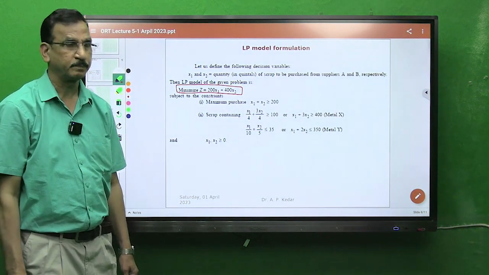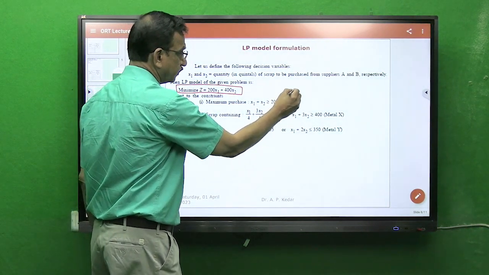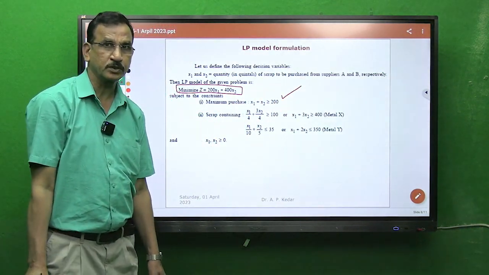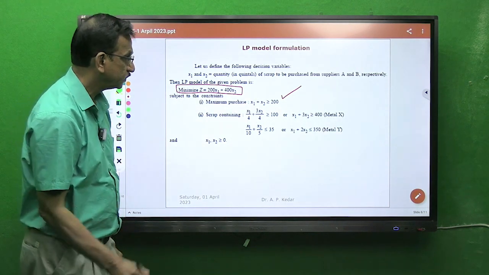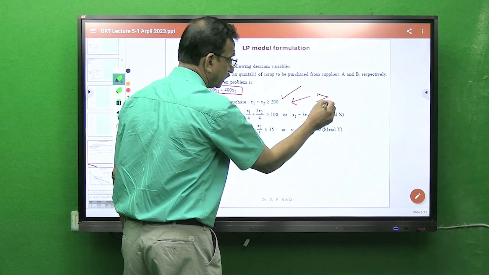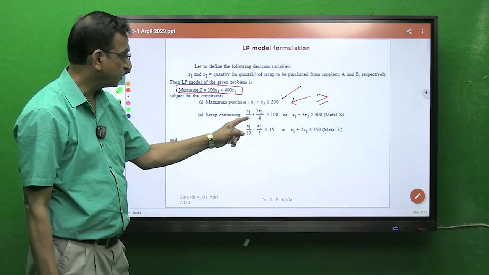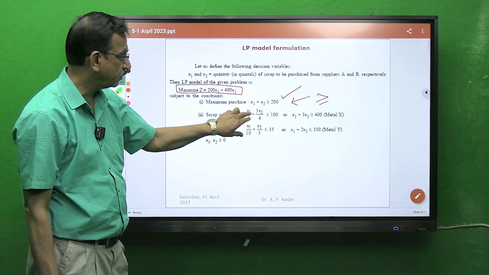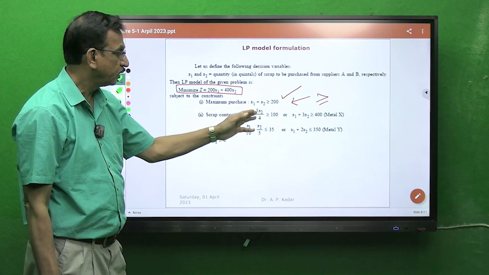This is the first constraint, x1 plus x2 greater than equal to 200. See here, the constraint is greater than equal to. The second constraint is from the values we get from the word problem.